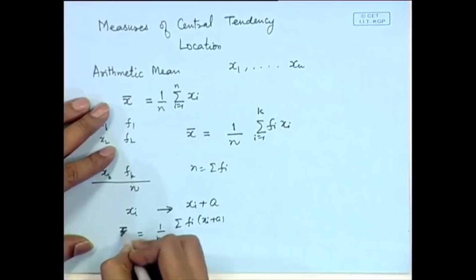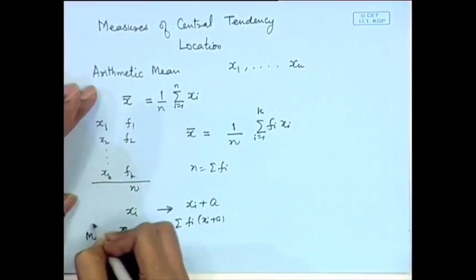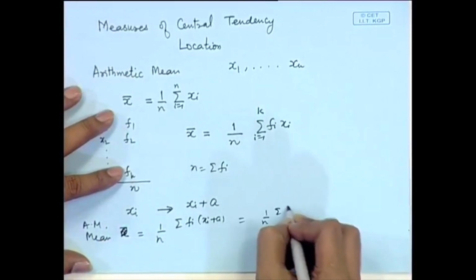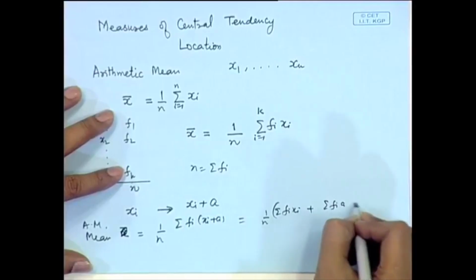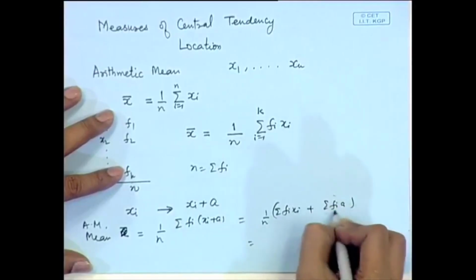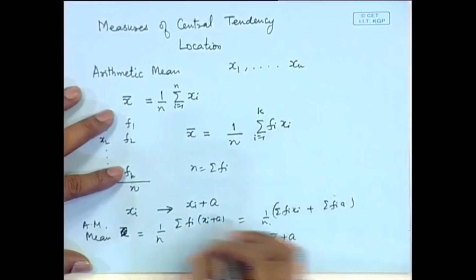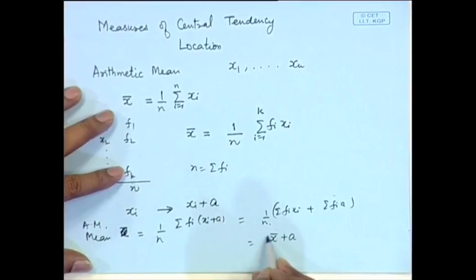The mean of this, which is also called a m, is equal to 1 by n sigma f i x i plus sigma f i a. Now, sigma f i is n, so this n cancels out and you are left with x bar plus a. That means, if each observation is shifted by a certain value, then the mean is also shifted by that value.